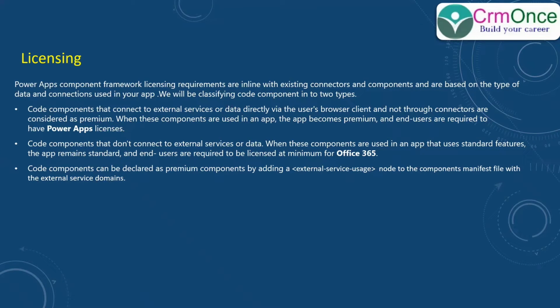The code components that don't connect to external API services or data, and use connectors for standard features, need a minimum of an Office 365 license. And code components can be declared as premium components by adding the external service usage tag in the manifest file.